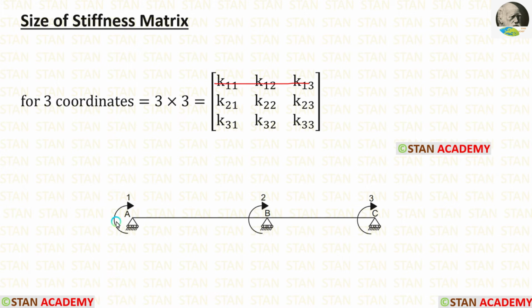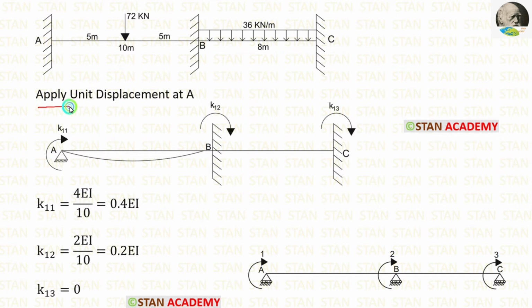For that, we have to apply the unit displacement in the first coordinate. Let us apply the unit displacement in the point A. In the point A, we are having a fixed support, but when we apply the unit displacement, it is no longer a fixed support, it becomes a hinged support. Because in the fixed support, there will be no displacement, but we are applying unit displacement.